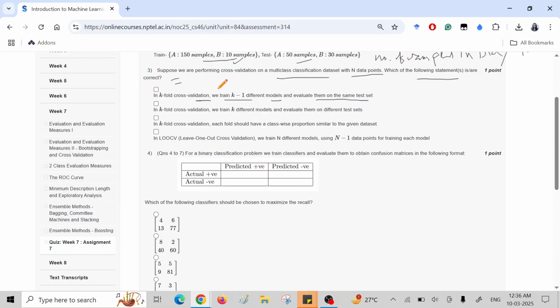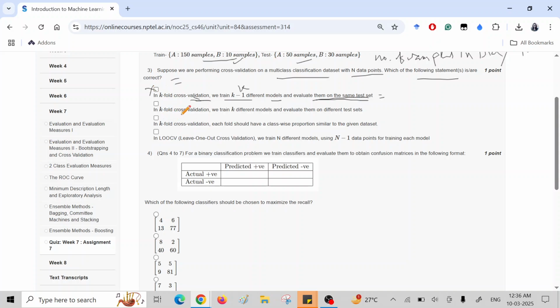So this option is not correct, because in k-fold cross validation we train k number of models only, okay, and we evaluate them on different test sets, okay. So this is not correct.